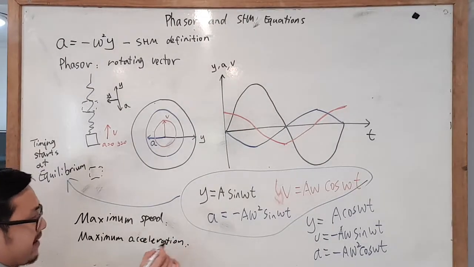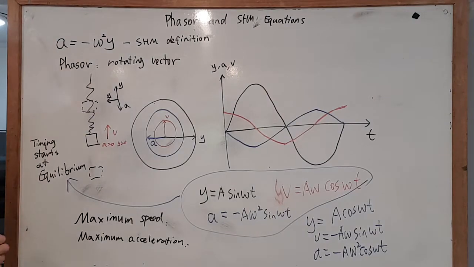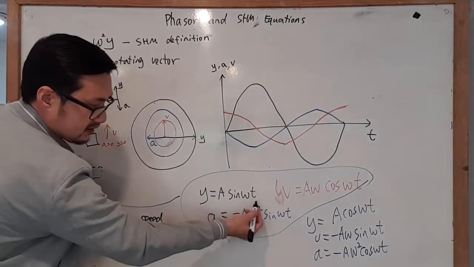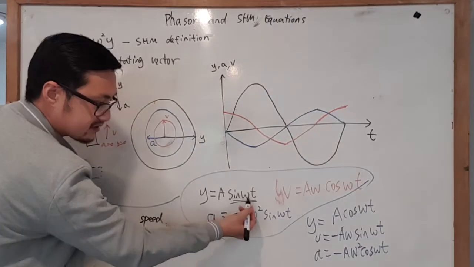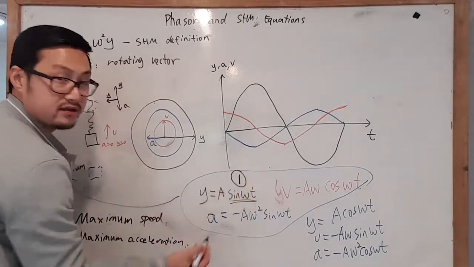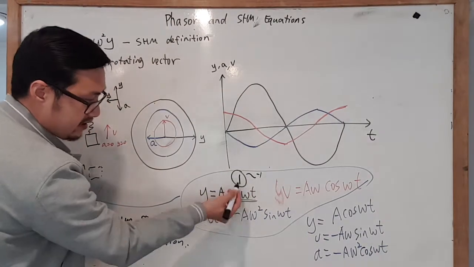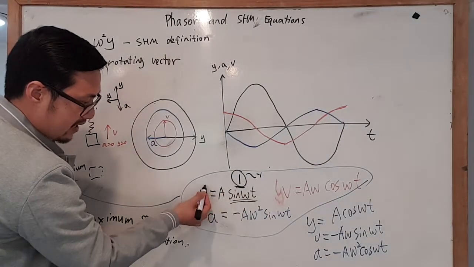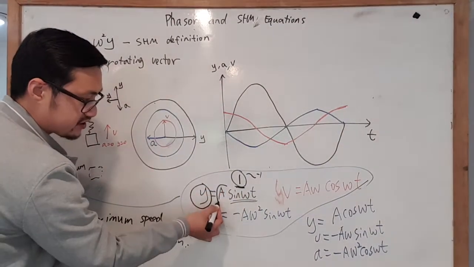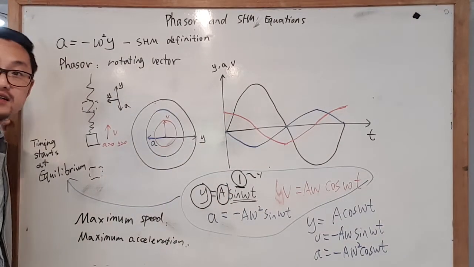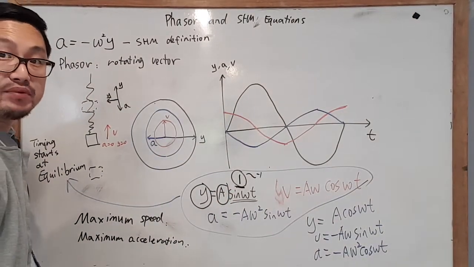How do you calculate maximum acceleration? Let's have a look. This is sine. For displacement, the biggest sine can get is 1, because sine goes from 1 to negative 1. If sine's biggest is 1, then the biggest y is just going to be the amplitude. So the biggest displacement is the amplitude.